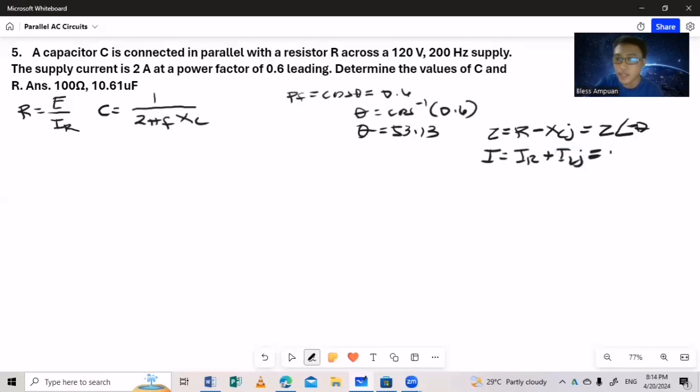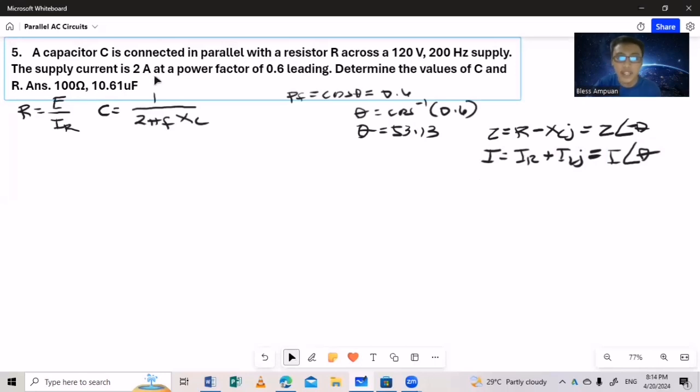So this is a total current that is leading. Again, we are using the current as a reference to know what would be the type of circuit, if it is lagging or leading.